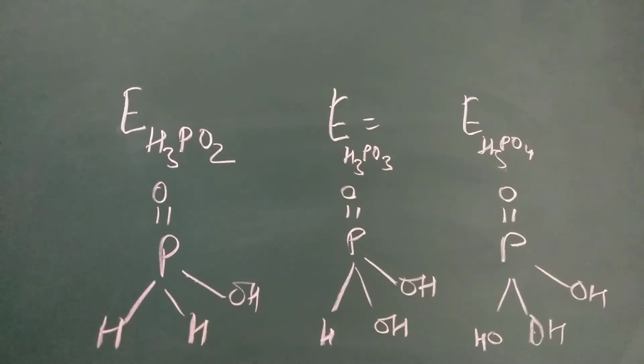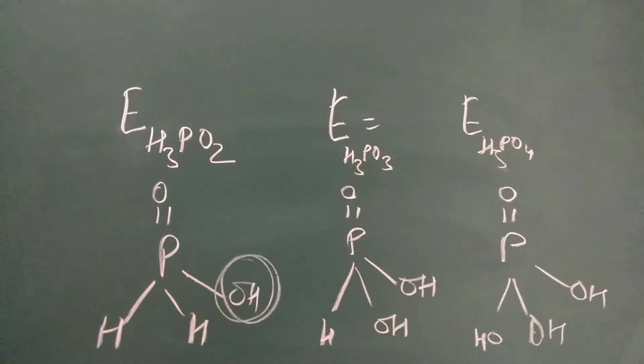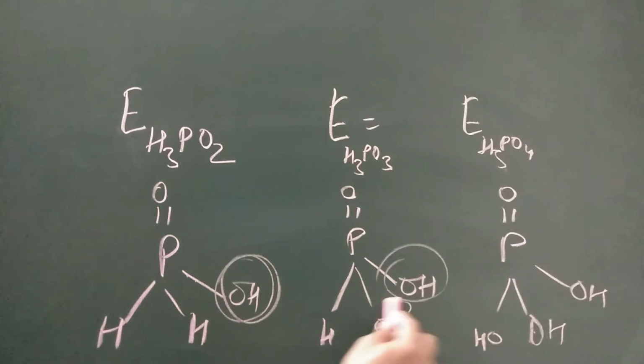Now let's see the equivalent weight of H3PO2, H3PO3 and H3PO4. The basicity of H3PO2 is 1 because it has only one replaceable H plus ion. The basicity of H3PO3 is 2 because it can give 2 H plus ions in aqueous solution.